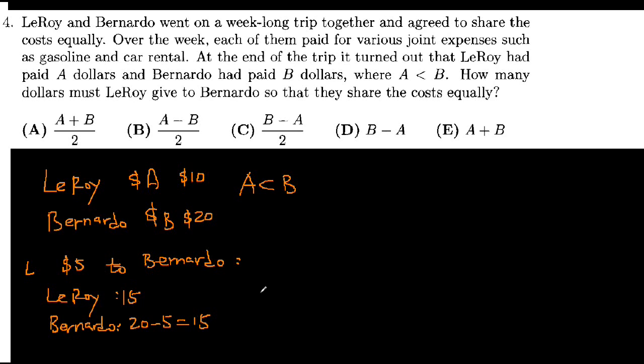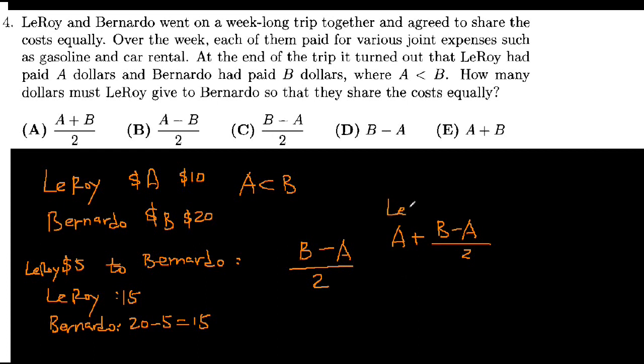So the answer would be here, Leroy should pay half of the difference, that is (B minus A) divided by 2. Then you can verify by doing this. Whatever Leroy paid would be A plus half the difference.